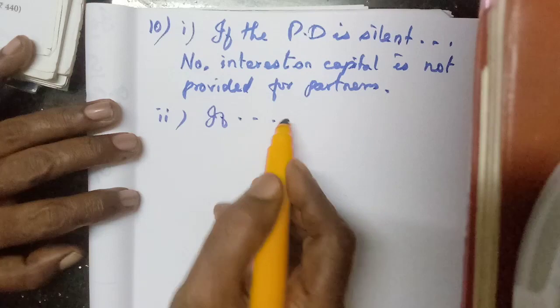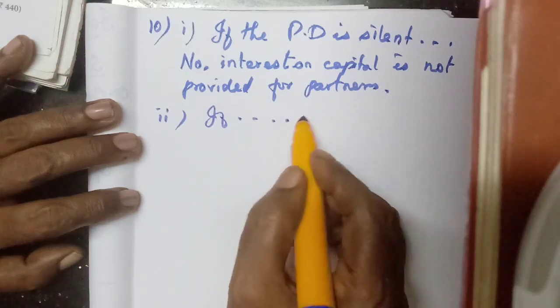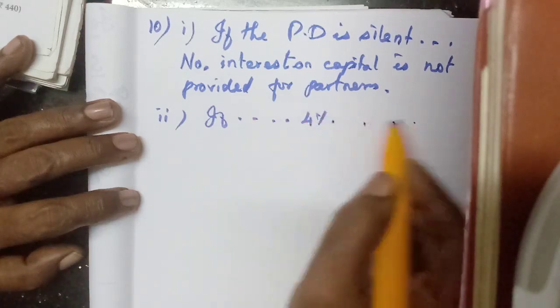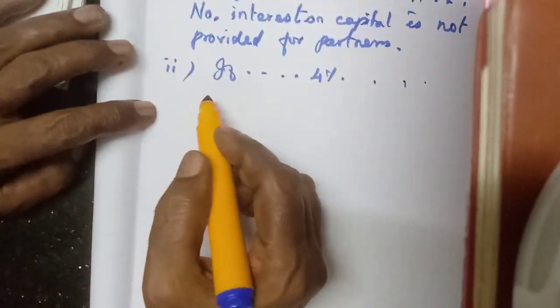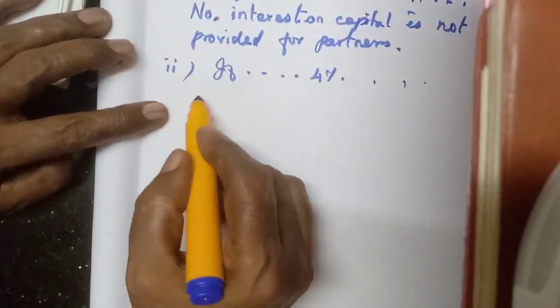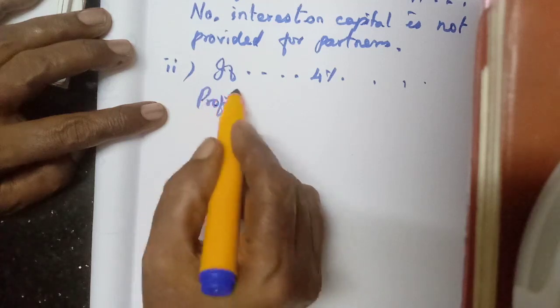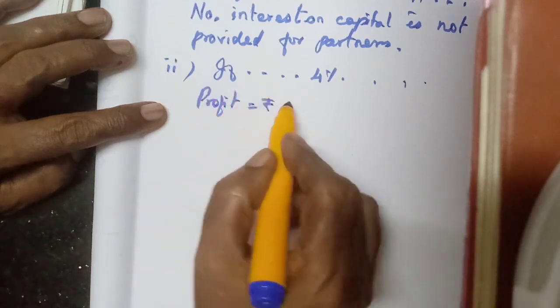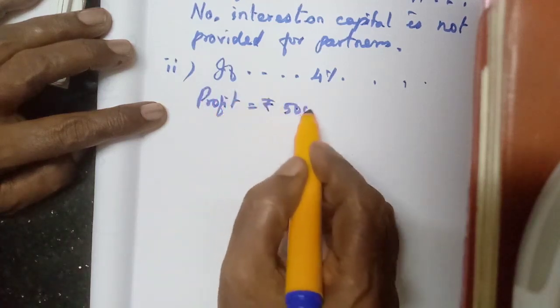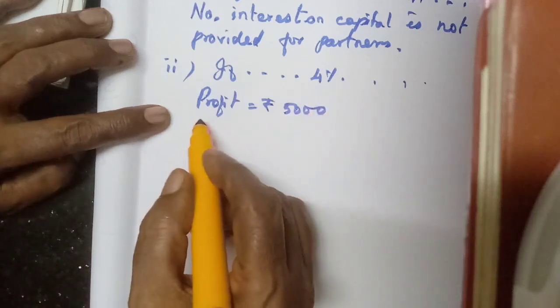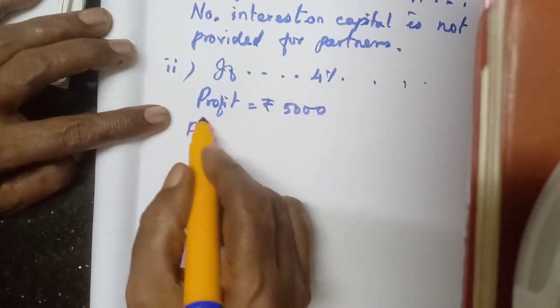If the interest on capital is allowed at 4% as per the partnership deed, then we should calculate. Available profit rupees 5,000. So who is the first partner? Ahmad.